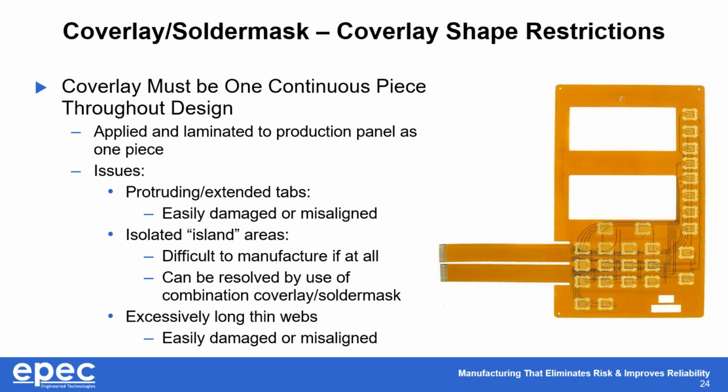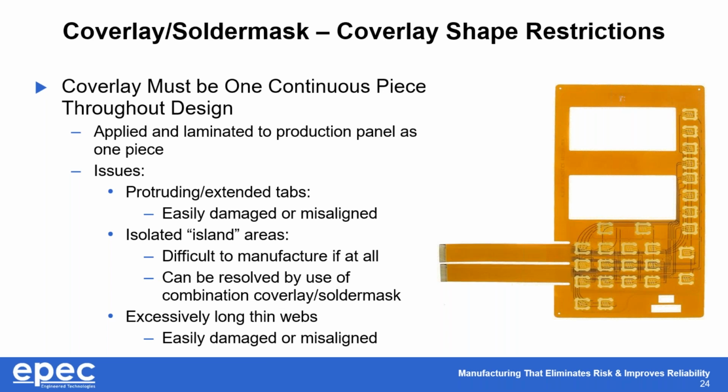We've also got isolated islands. These are difficult to manufacture, if at all, and these are, again, resolved by combination Coverlay and solder mask. Reason being, again, it's a solid sheet of Coverlay, so it's impossible to apply both the solid sheet and floating pieces of Coverlay throughout the board.